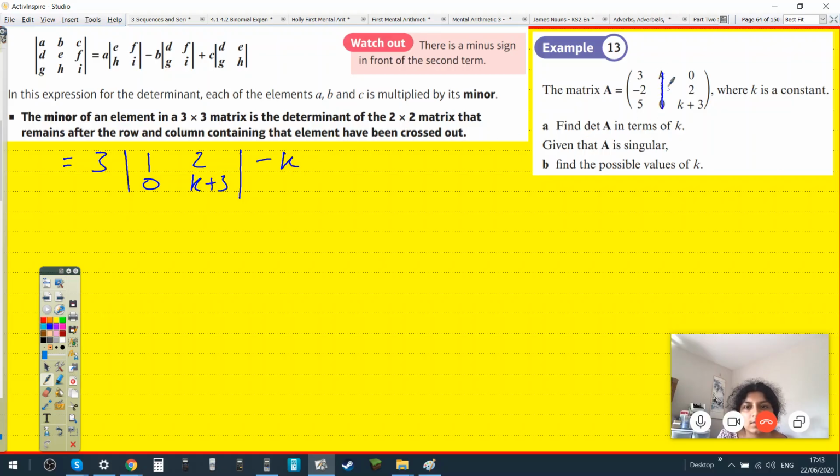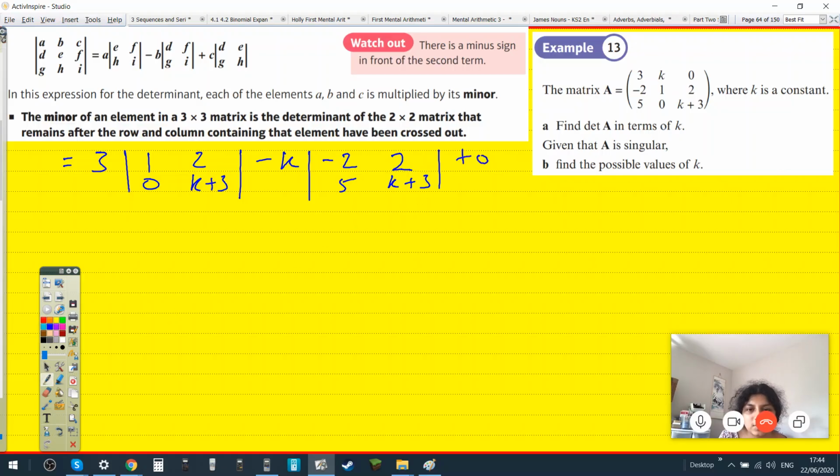So you put a cross on that k, and then what remains? Oh, okay. That now makes sense. Minus 2, 5. Oh, wait, no, 2 in there. Yeah. 5, k plus 3. Plus c. Oh, plus 0.